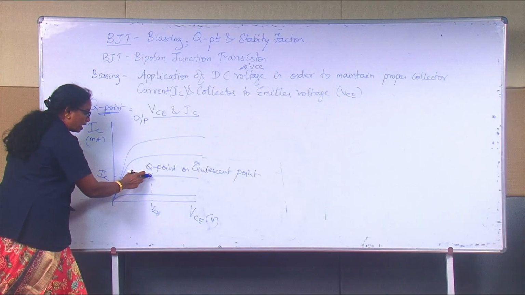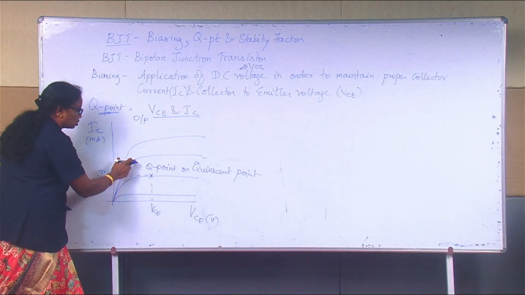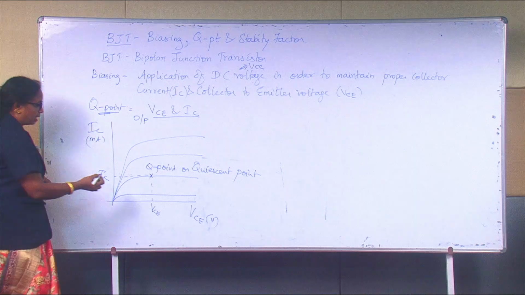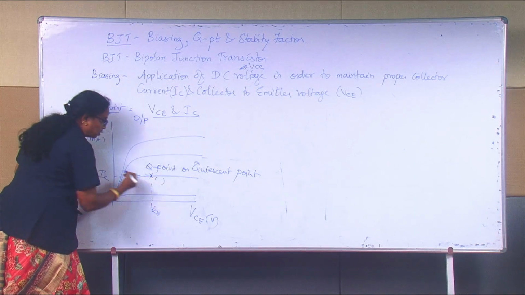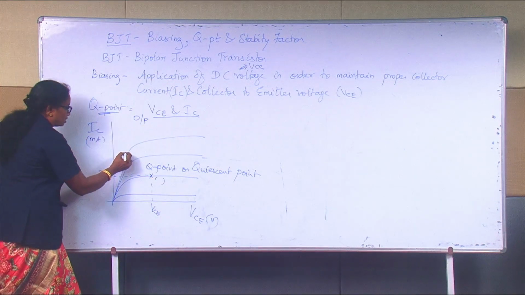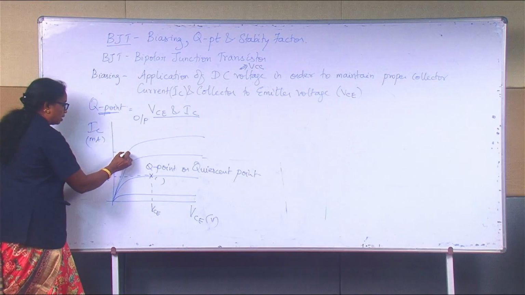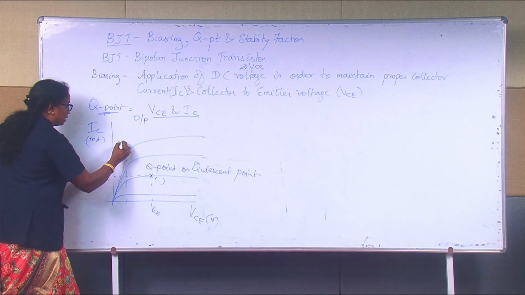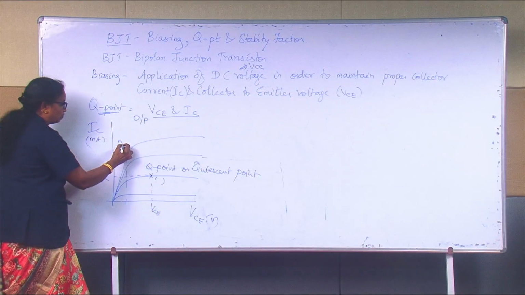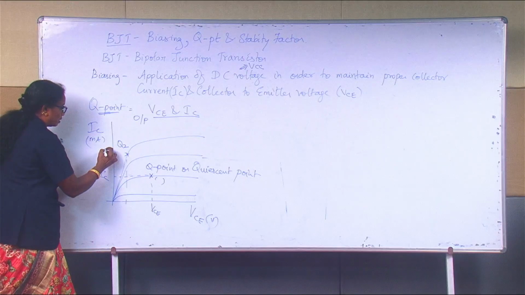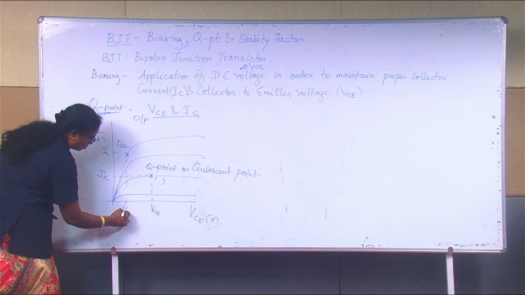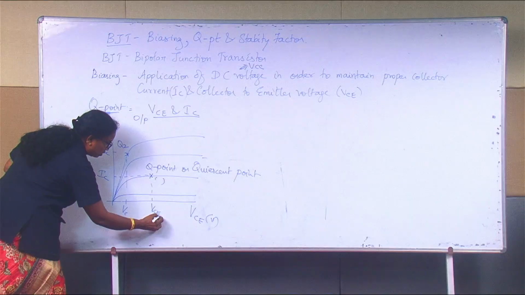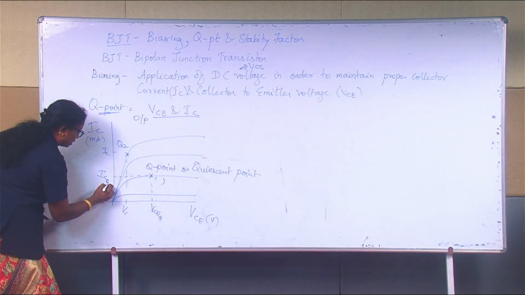So now, based on the location of this Q point, consider this may be the first location, and consider another circuit which has a Q point of say Q2. You consider this to be VCEQ, this to be ICQ.